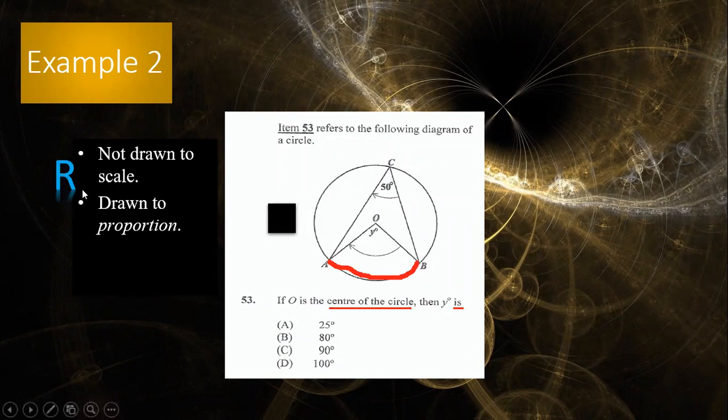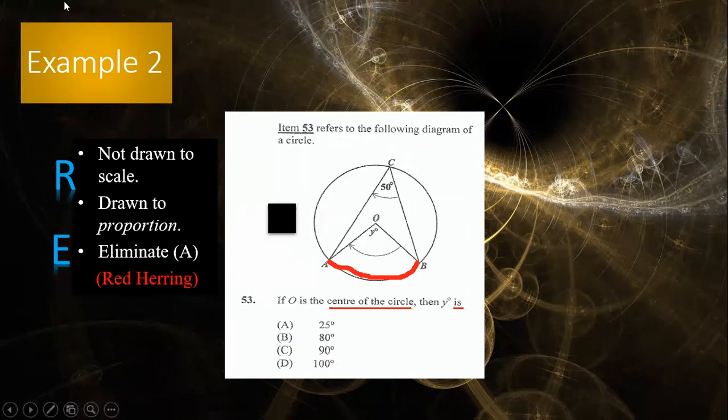Use these reasoning skills, R for reasoning, and eliminate. We're going to eliminate E. Anybody? Why are we eliminating E? Why is E immediately wrong? You can tell me. Put it in the chat.